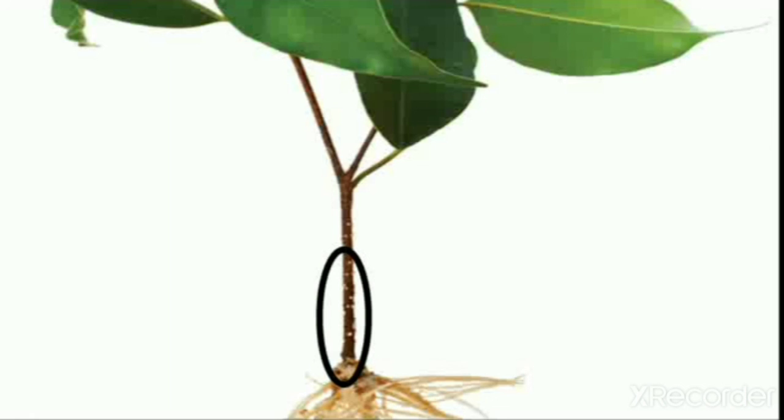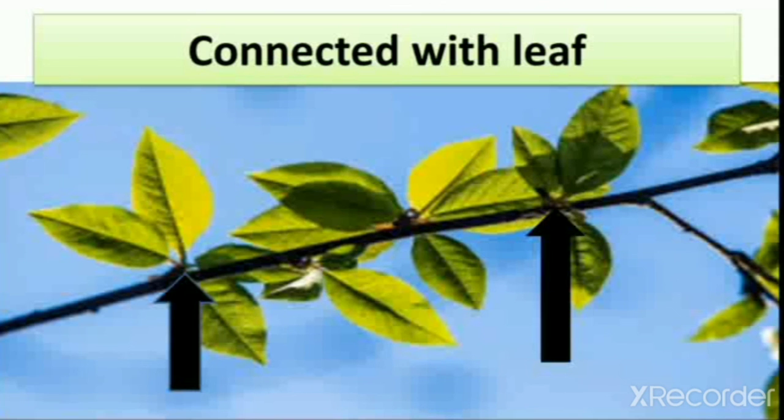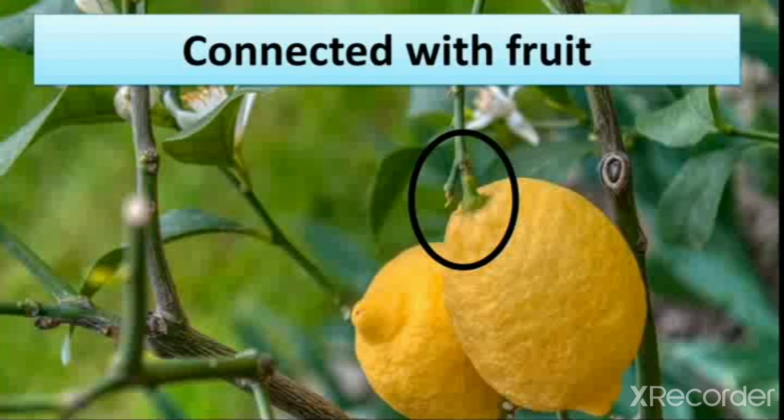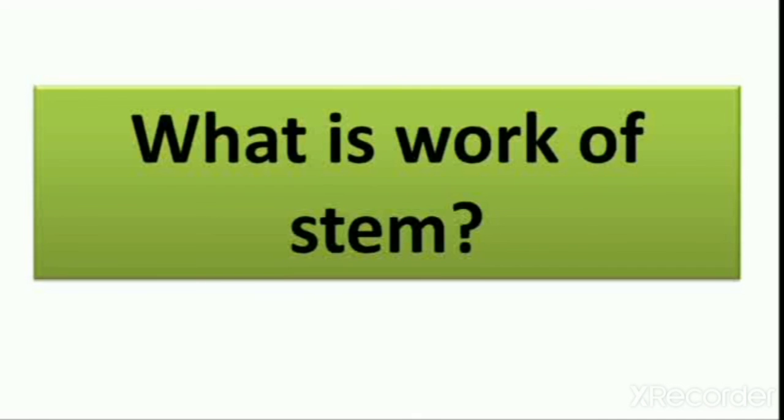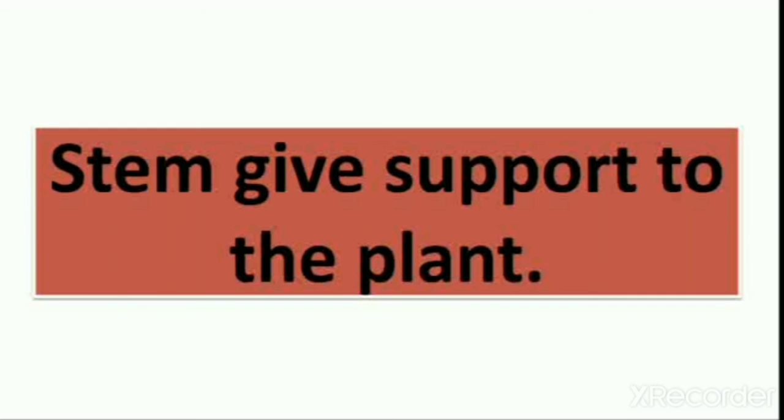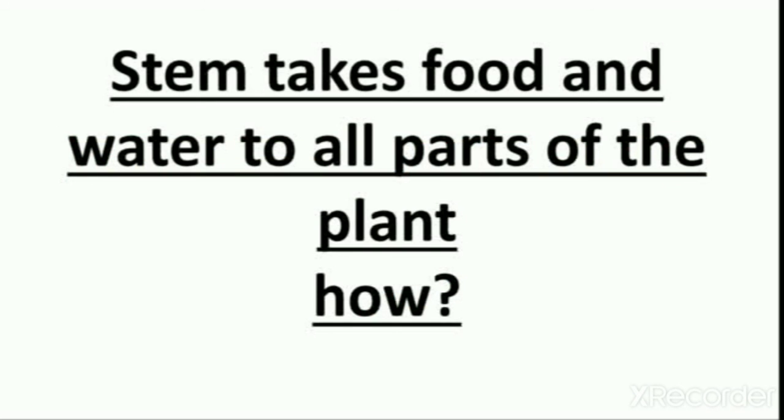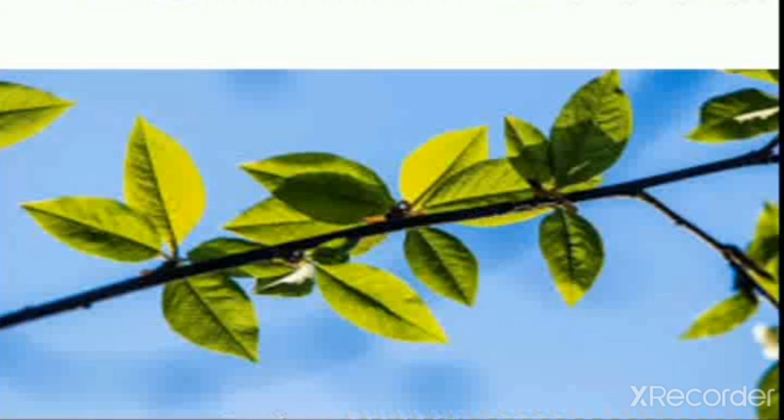You can see here the stem connected with the root, the stem connected with the leaf, the stem connected with the fruit. What is the work of the stem? The stem gives support to the plant to be straight. The stem takes food and water to all parts of the plant. How? Because the stem is connected with every part of the plant.